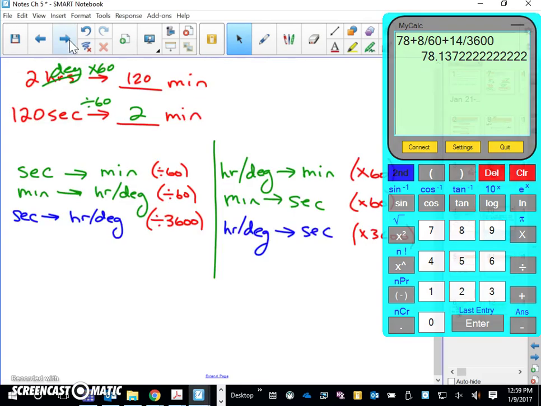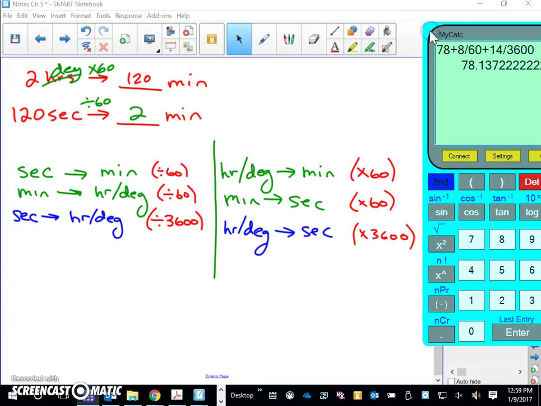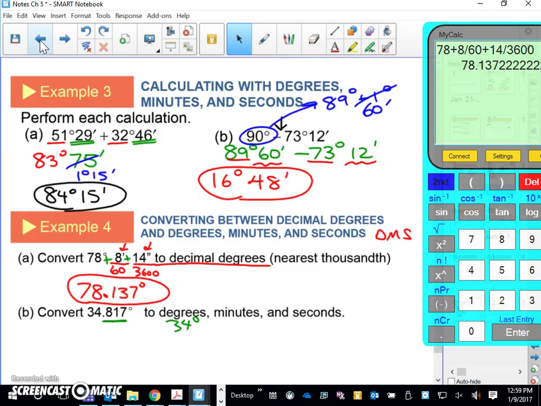So where are we at? Degrees to minutes, times 60.